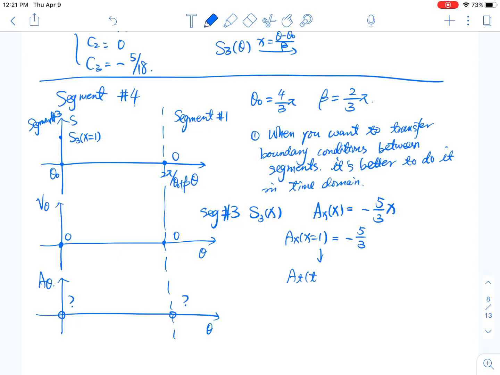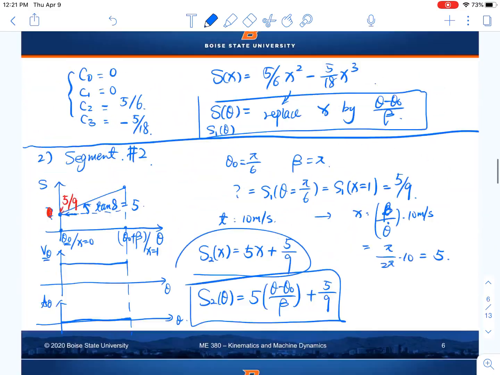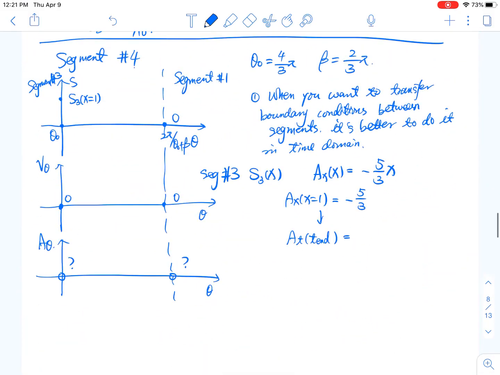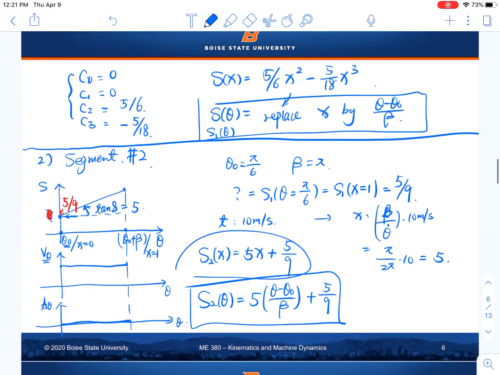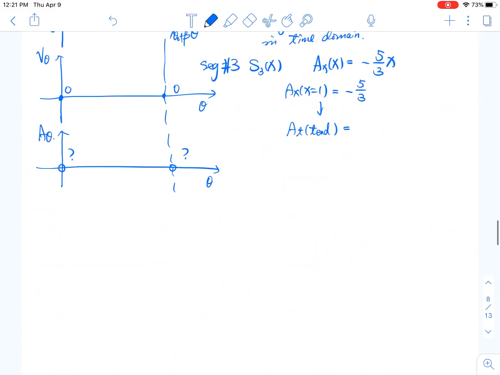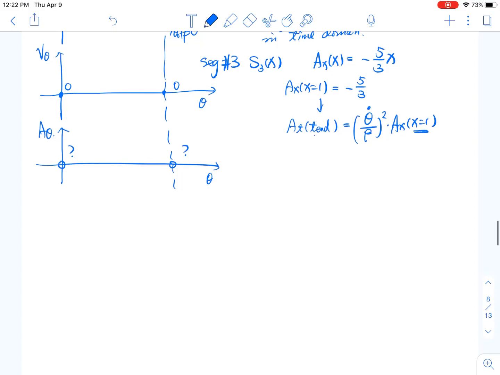That time domain, that's the ending time. How can we do that? Then you have to go back to the chain rule, your A(x) and A(t). So your A(t) is actually, let me record, theta dot over beta squared times A(x) at x equal to 1. Because x equal to 1 means your time, that's the ending time for that segment.